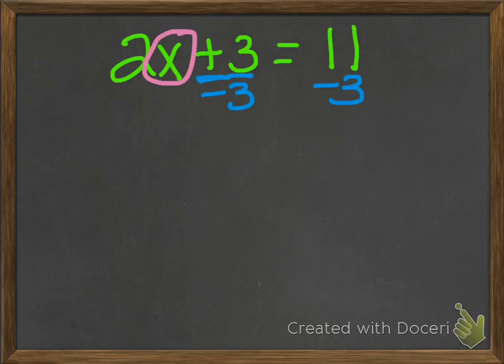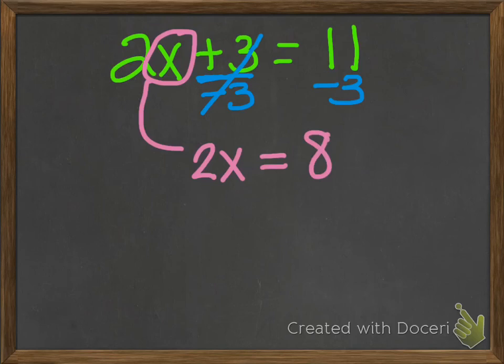Okay, this cancels out, and I'm left with the 2x, bring it on down, equals 11 minus 3 is 8. Alright, so now we need to get rid of the 2.